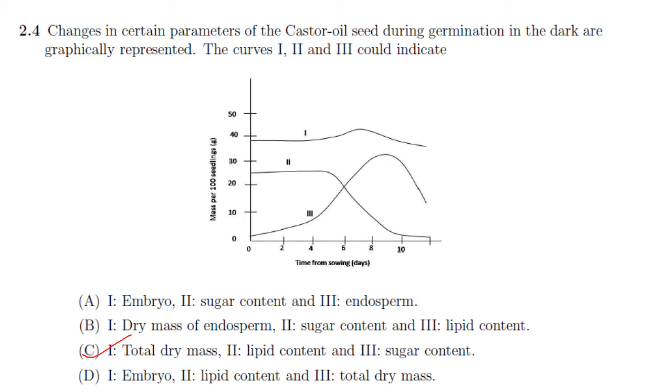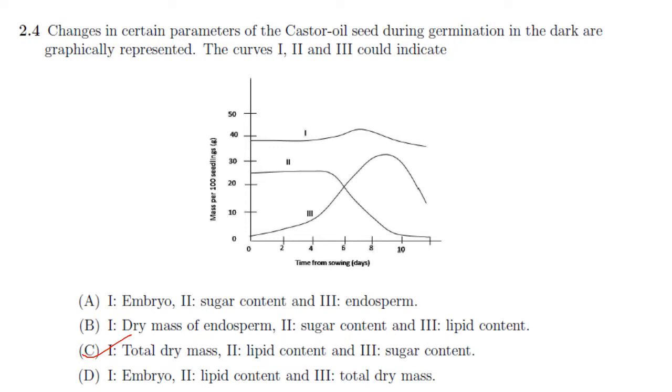Next one: changes in certain parameters of the castor oil seed during germination in the dark are graphically represented. The curves 1, 2, 3 could indicate. Here the first curve is almost constant, so it must be the total dry mass curve. The second curve decreases gradually, so that must be lipid content.